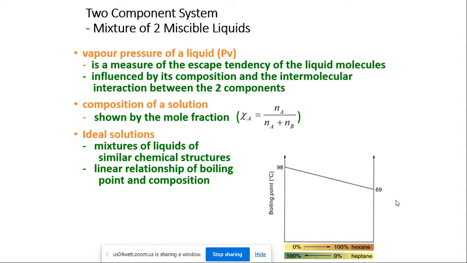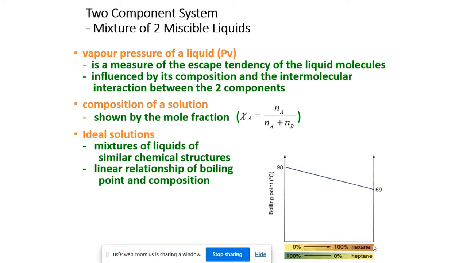So here you can see a diagram, a binary system, right? Here we have one component and the other axis is another component. Here you have a hexane and heptane mixture, right? On this right hand axis you can see 100 hexane. That means in that area you have 0 heptane and 100 hexane.